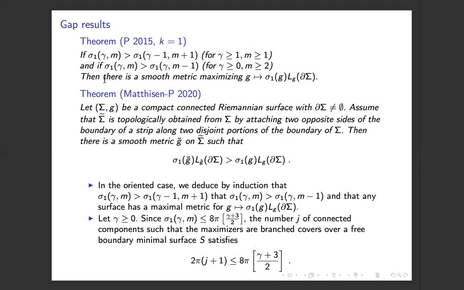Moreover, thanks to this theorem, we are able to prove that the minimal immersion obtained by maximizing the first Steklov eigenvalue cannot have branch points in many cases. Indeed, if you take a surface of fixed positive genus, we know that the supremum of the first non-zero Steklov eigenvalue is controlled only by a number depending on the genus.